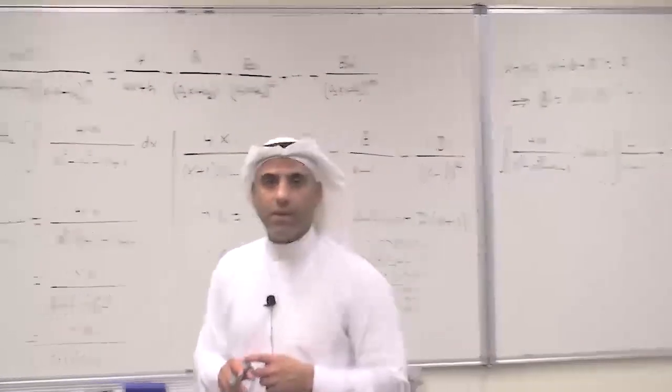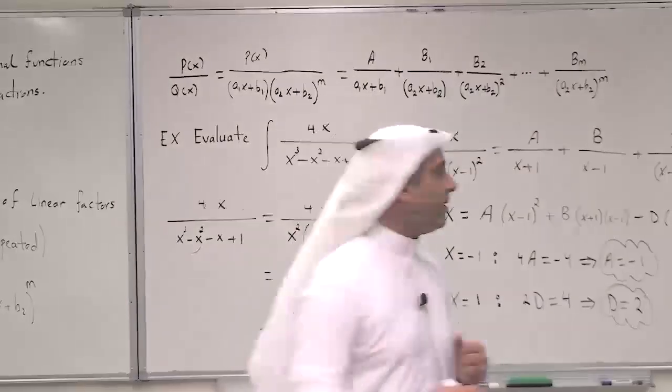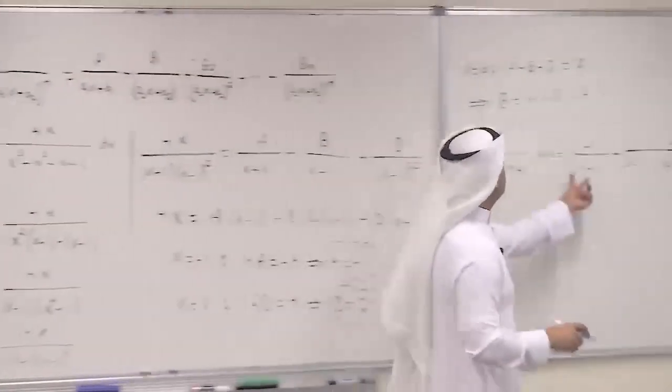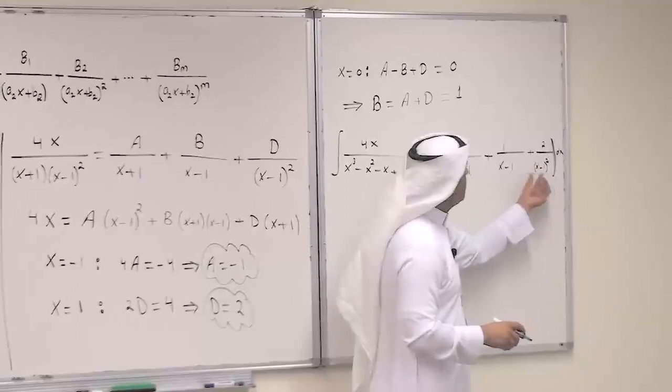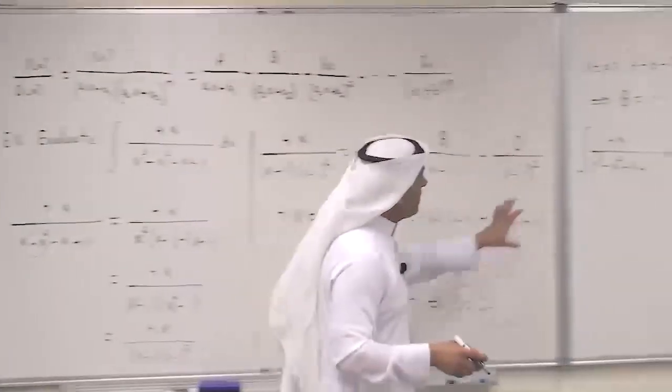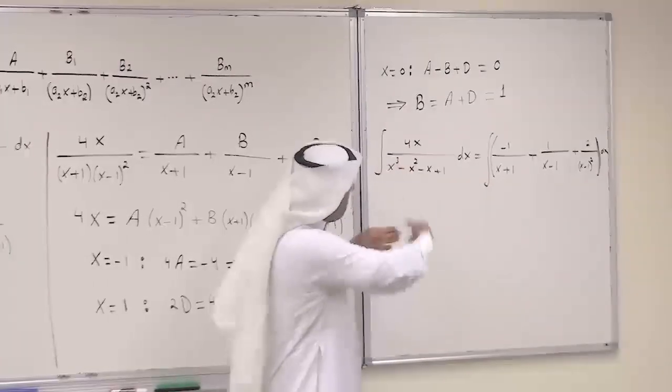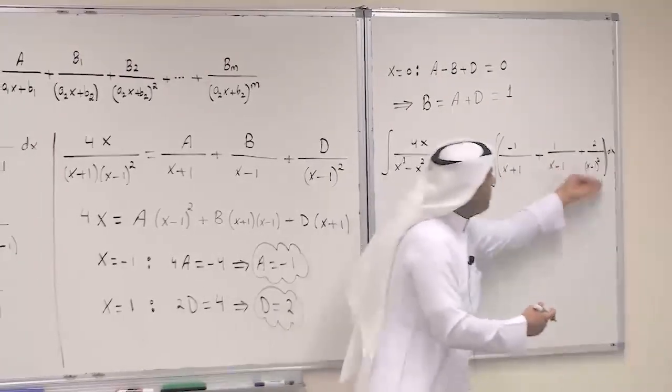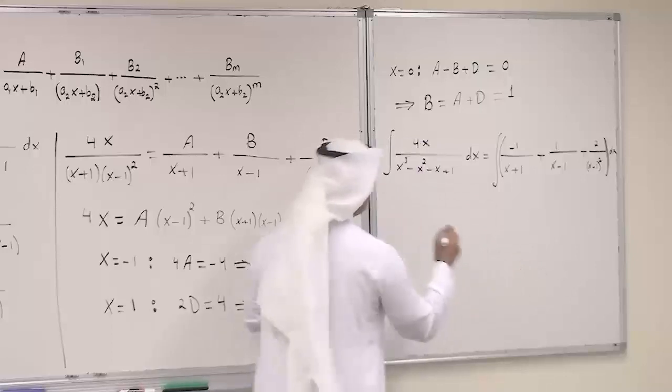How do we integrate the new form of the integrand? This is easy to integrate, this is easy to integrate, and this is easy to integrate. This is the beauty of partial fractions. We start with something that we cannot integrate, and we decompose it into things that can be integrated easily. What is the final answer?